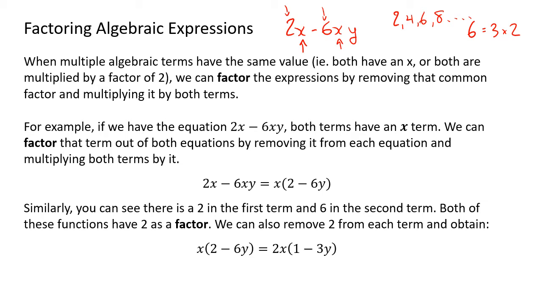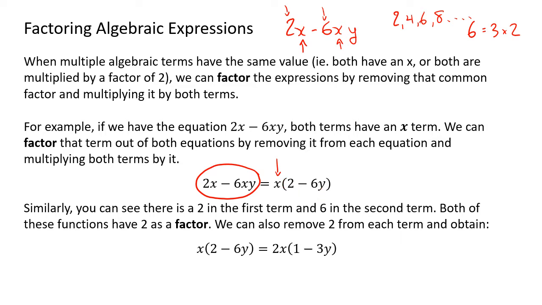Okay? So in other words, let's start with 2x minus 6y. The first term that we all saw was that they both have x. So you can now what's called factor x out or move x outside of this equation and then place brackets there and you remove the x from both functions.